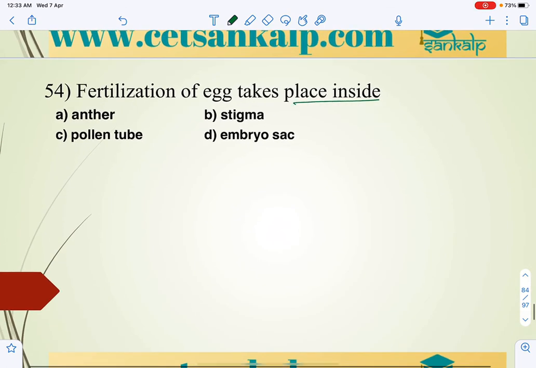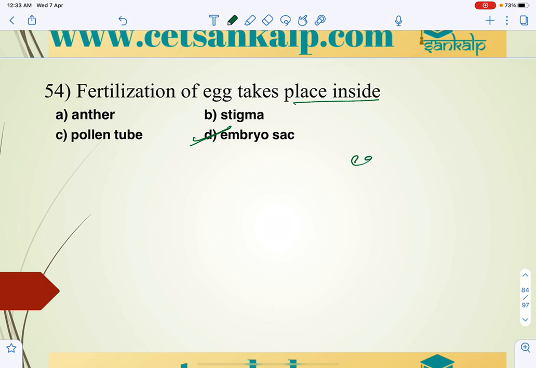Fertilization of egg always takes place inside the embryo sac. So the answer for 54th is D.